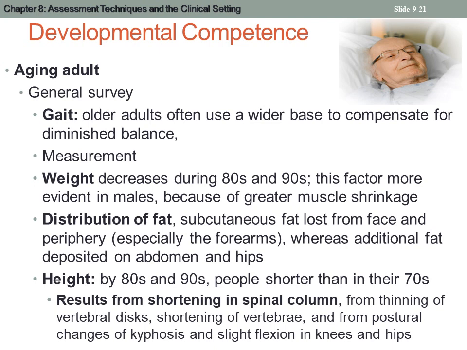Some other changes occur in temperature as well. The older person may not be able to have a higher temperature, right? Their pulse may feel a little bit stiff, a little bit more rigid, and maybe a little easier to palpate because you can really get to it.